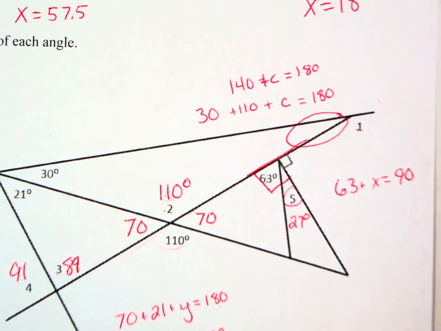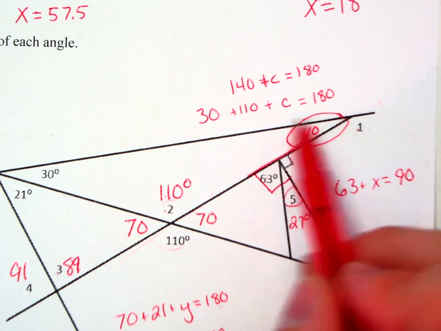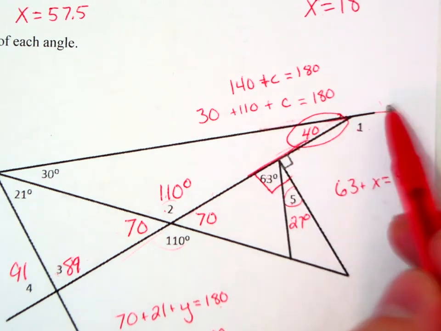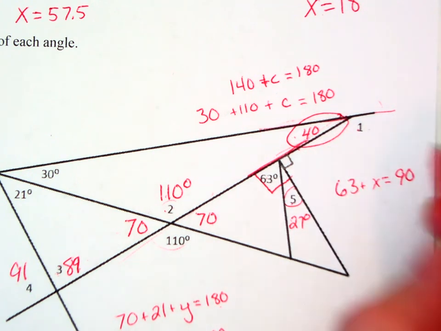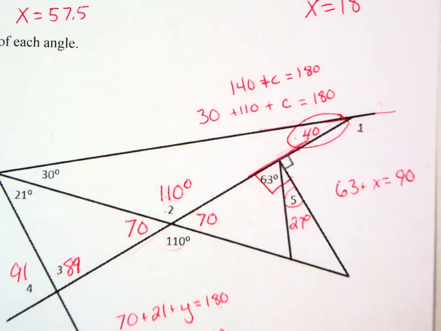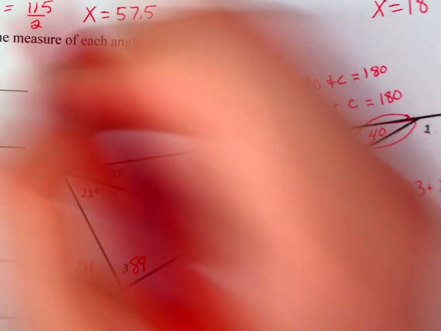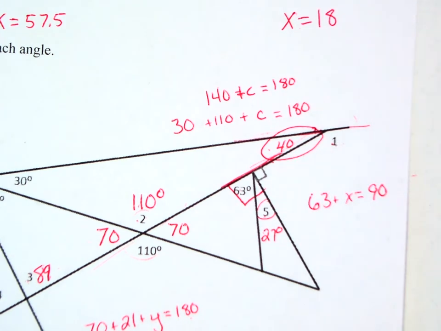So now we know that c has got to be 40. Well, if the small angle here is 40, and the 40 degree angle and my angle 1 form a straight line, angle 1 has to be 140 degrees, because 140 plus 40 add up to 180.